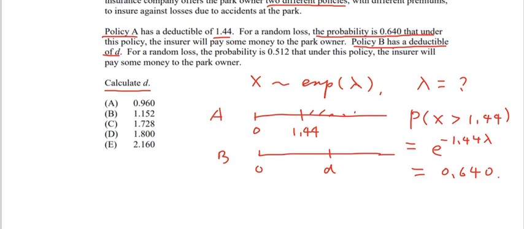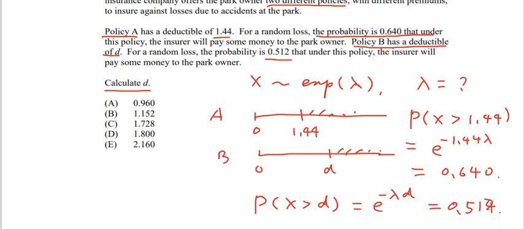Then under policy B, the probability that the company will pay some money is, so the company will pay this. We know this probability, x larger than D, equals e to the negative lambda D. So this equals 514.